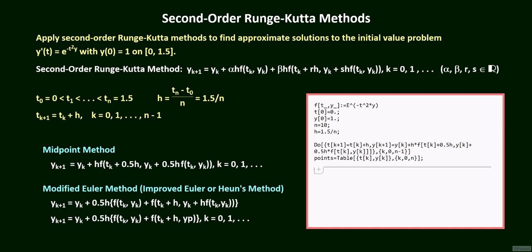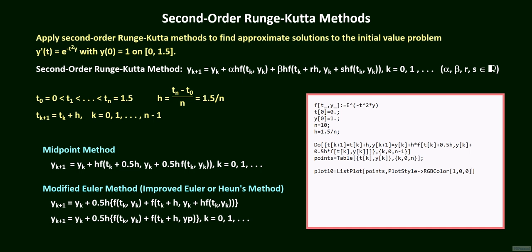We store the plot of the points in the variable plot10. We list plot points. We color the points red, so we apply the plot style option with the RGB color directive. We have 1 for red, 0 for green, and 0 for blue.